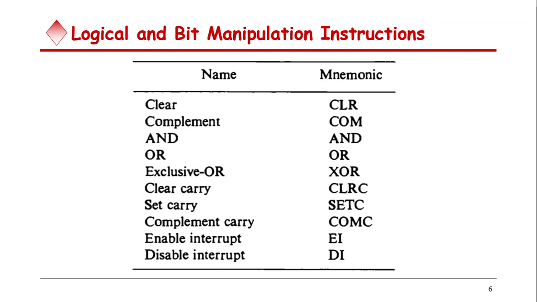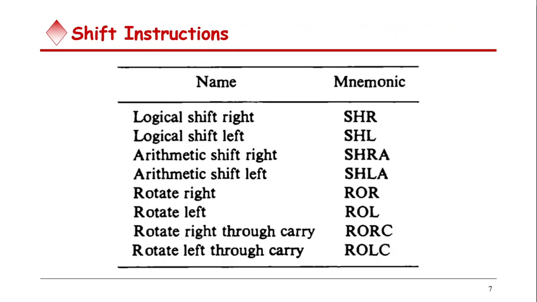Similarly, clear, set and complement with carry are different instructions, by which individual bits such as carry can be cleared, set or complemented. Another example is a flip-flop that controls the interrupt facility and is either enabled or disabled by means of a bit manipulation instruction.